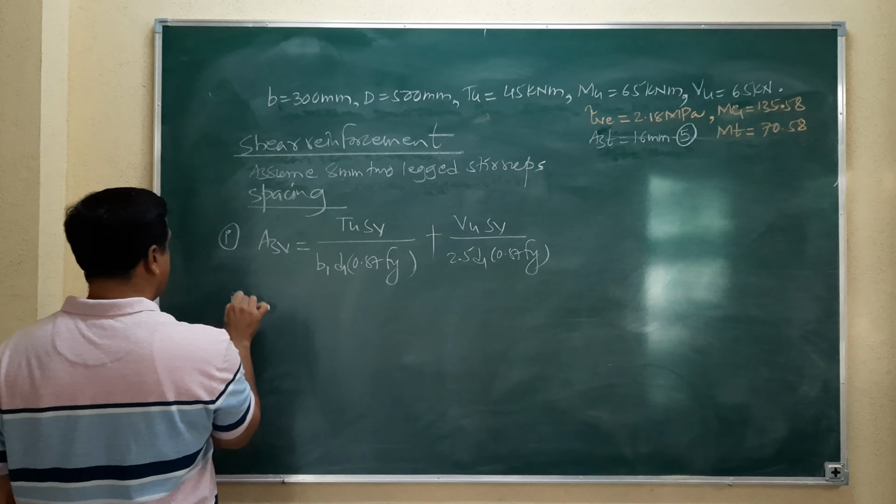This spacing should not be more than, as per our criteria, x1, or (x1 plus y1) by 4, or 300 mm. Now what is the b1, what is the d1? All these things you have to find out.